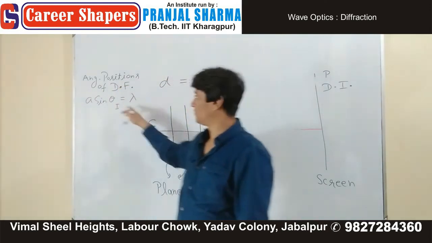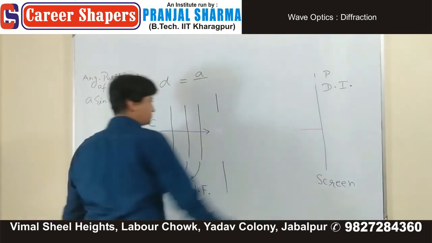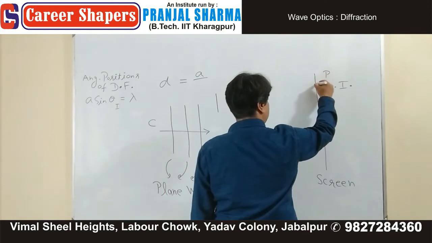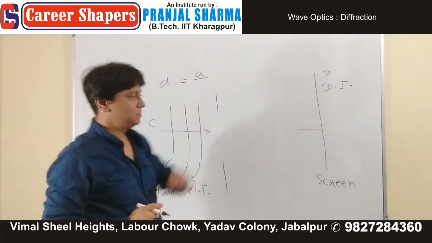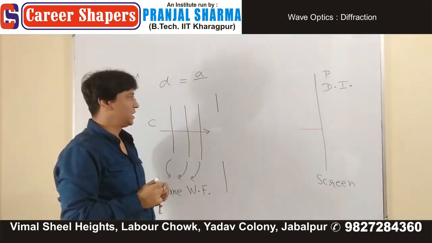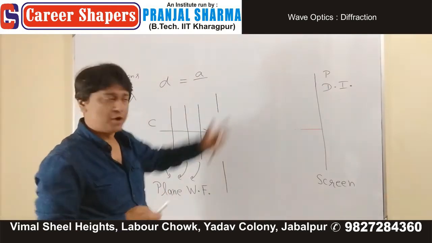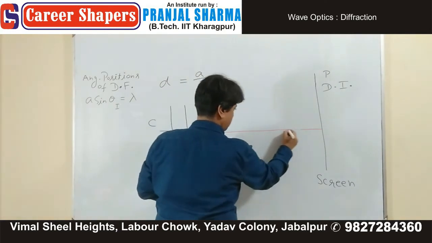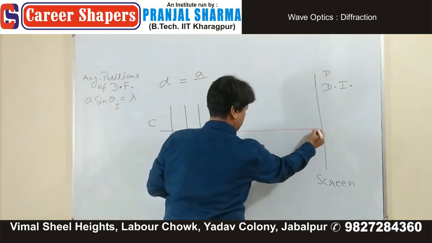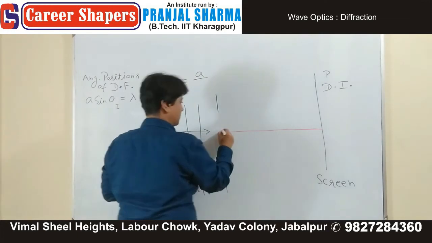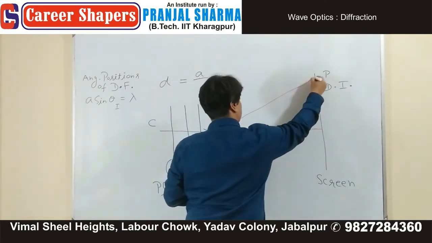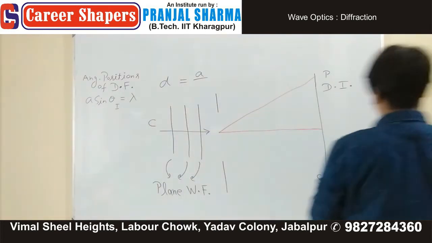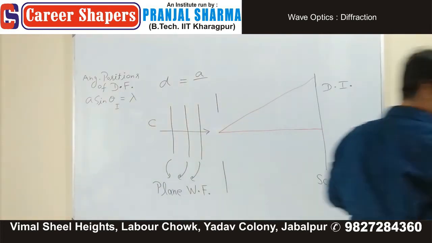Angular positions of dark fringes. This is the first one. The next time, we take some other angular position. We'll show it with the help of P only, but it is some other point P. Or you can take it as a different point Q. Doesn't matter.